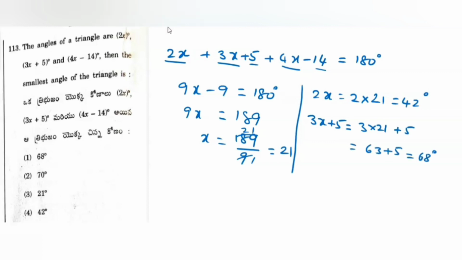Definitely more than the previous angle. Next angle is 4x minus 14. So 4x means 4 into 21 minus 14. So 4 into 21 is 84, 84 minus 14 is equal to 70 degrees. So the least angle, the smallest angle, is 42 degrees. So our option is 4. Fourth option is 42 degrees.